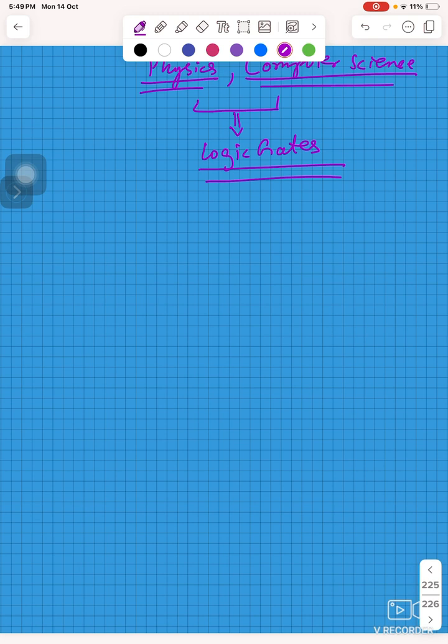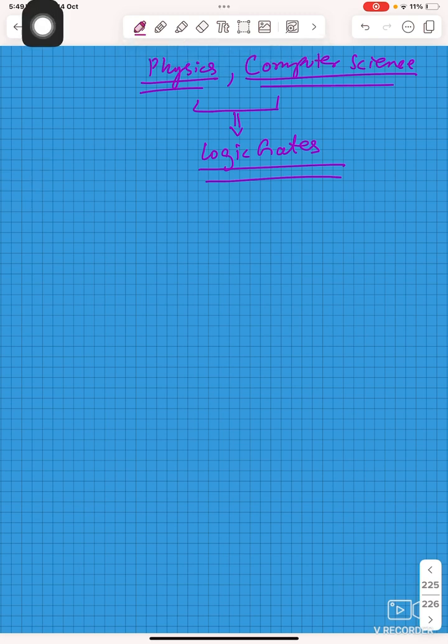Okay, in logic gates, first of all, you would say that logic gates are in physics, right? Yes, they are from physics, because logic gates are nothing but semiconductors.